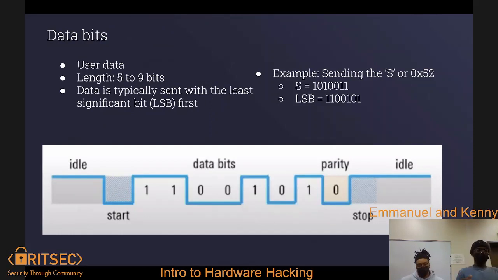So the middle part is your data, what you're trying to send. This is usually between 5 to 8 or 9 bits, and that is always flipped. So in our reversing stuff, where we have the least significant bit in the front, it works in this case too. If we're trying to send the letter S from my device, the router, to my computer, it converts that ASCII character to binary, which is 101001.